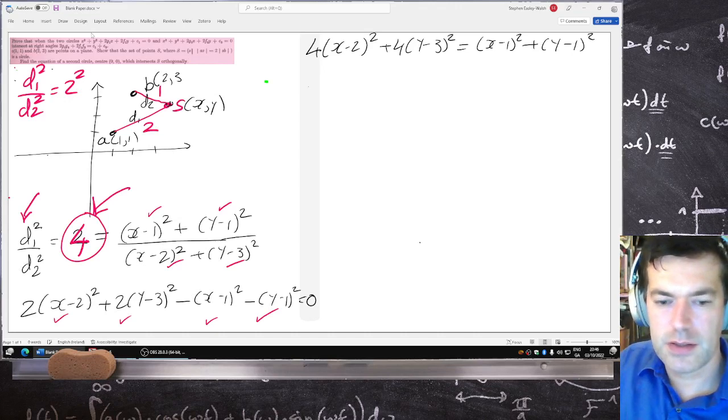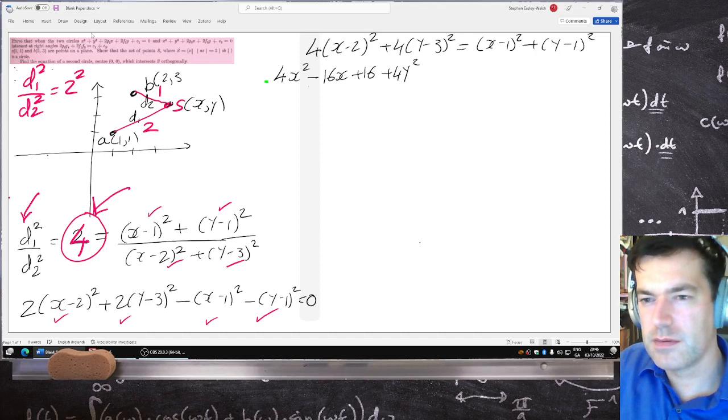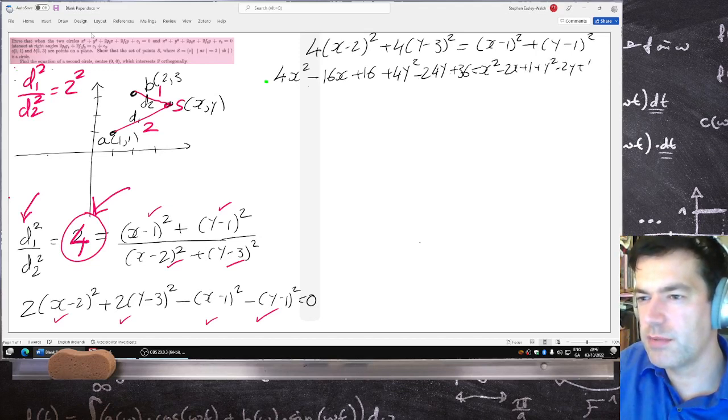Let's try that again. 4x squared minus 16x plus 16 plus 4y squared minus 24y plus 36 equals x squared minus 2x plus 1 plus y squared minus 2y plus 1.